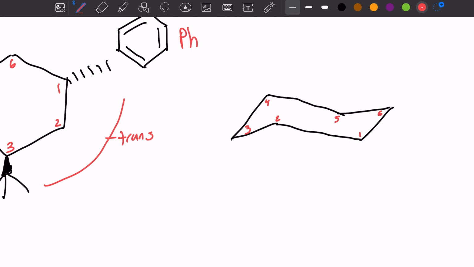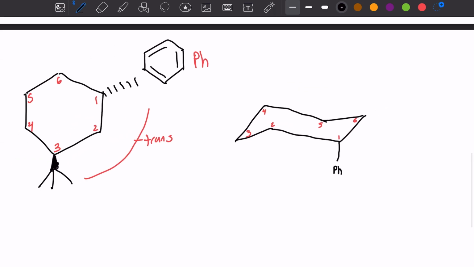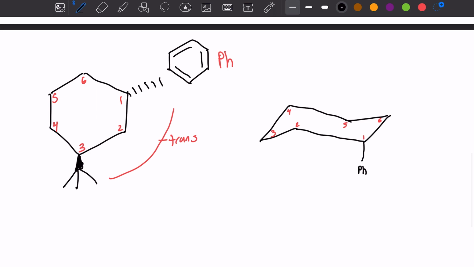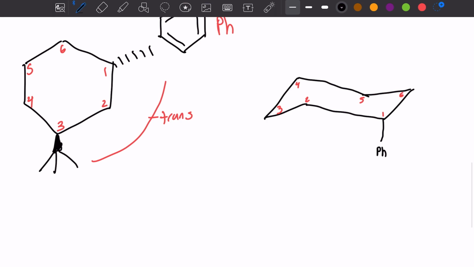And since it's on a dash, it would be going down. So we can say that this phenyl group would be axial down. And then since our next group is on carbon 3, you would skip carbon 2, obviously. Since it is on a wedge, it'd be going up.